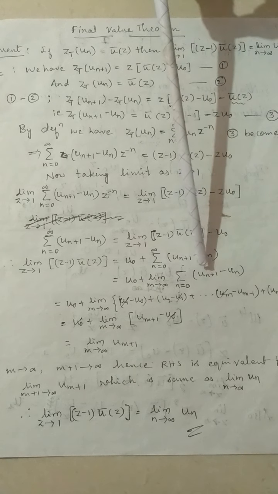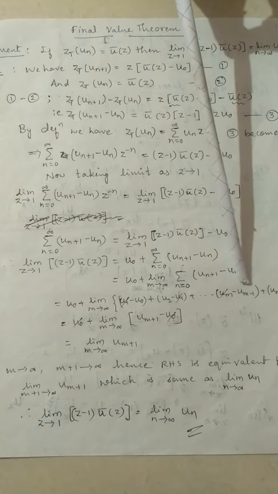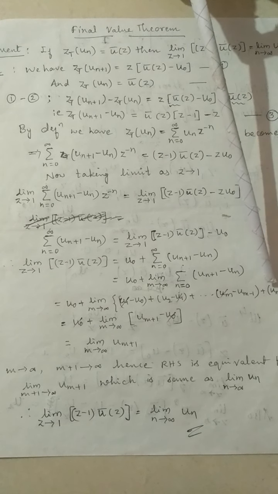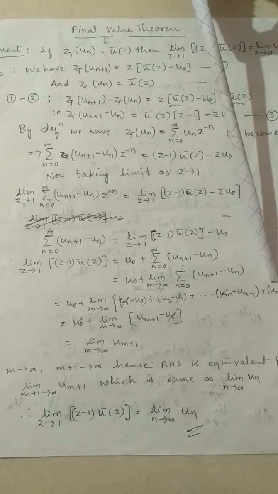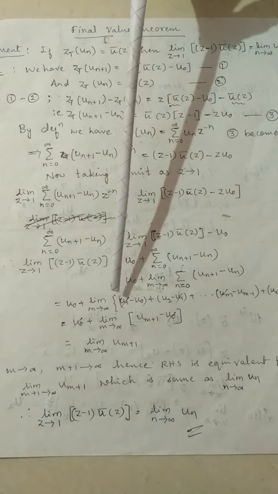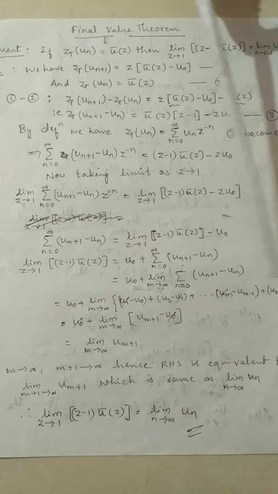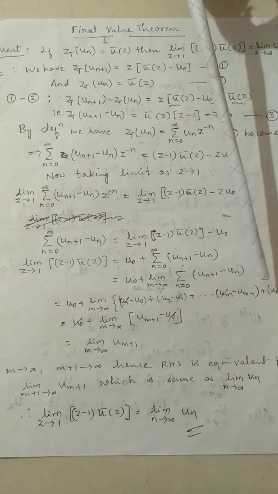Till so on, replace n by m minus 1, we get u_m minus u_(m minus 1). Replace n by m, we get u_(m+1) minus u_m, so on. So now here most of the terms cancel. u1 cancels with u1, u2 cancels, u_m also cancels, u_(m minus 1) also cancels.